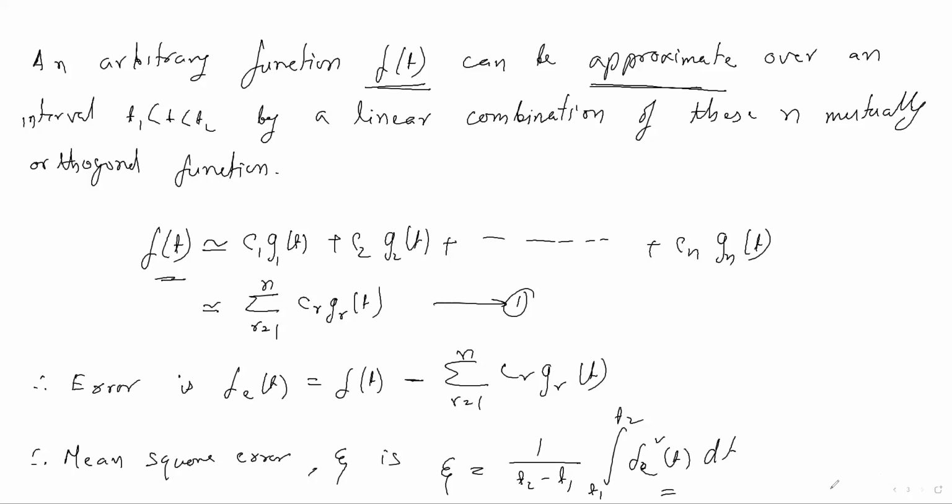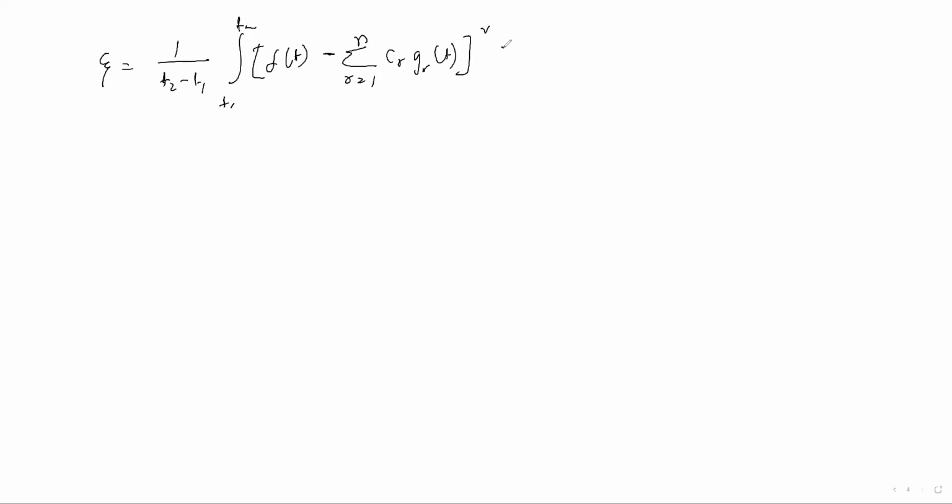Before taking the derivative and equating to 0, let me put the f_e(t) value in this mean square error epsilon. It will be 1 by (t2 minus t1) times the integration from t1 to t2 of the square of [f(t) minus summation r equal to 1 to n of c_r g_r(t)] dt.